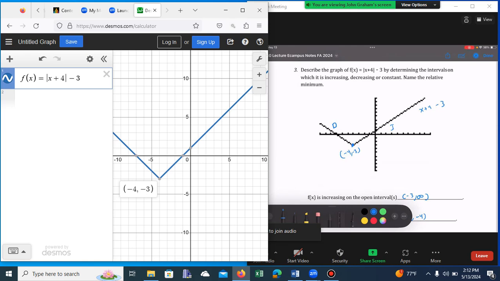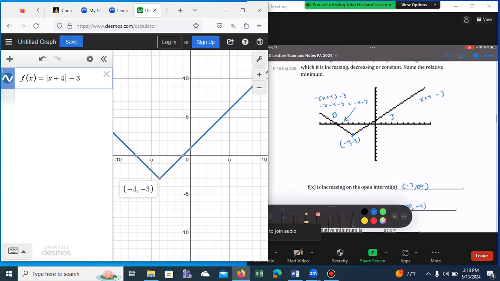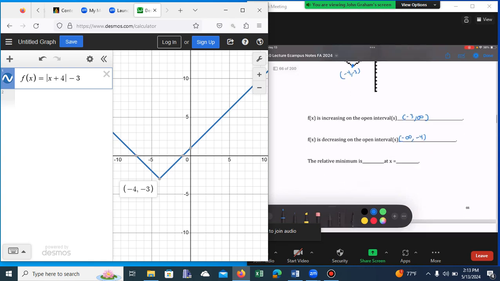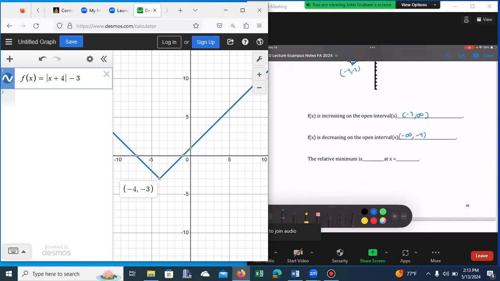Your other function is going to be negative x plus 4 minus 3, which is going to be negative x minus 4 minus 3, which is negative x minus 7. We see here that's the negative slope. But that's why one side is decreasing and one side is increasing. So relative minimum is at -3, and it's at x equals -4.